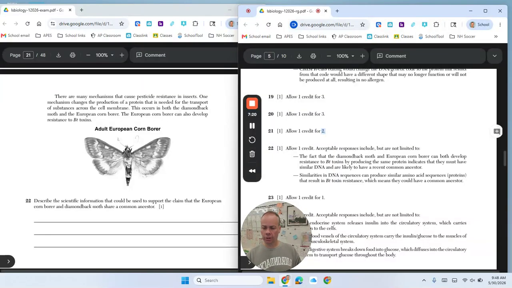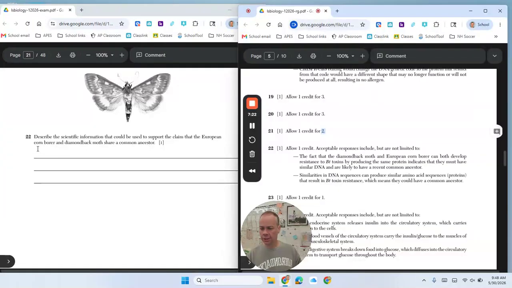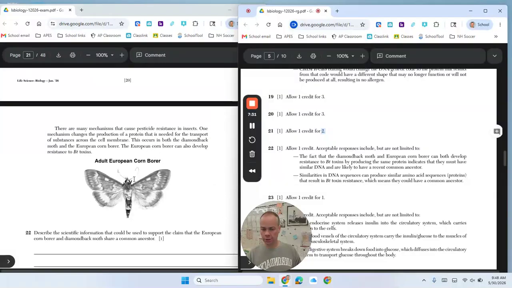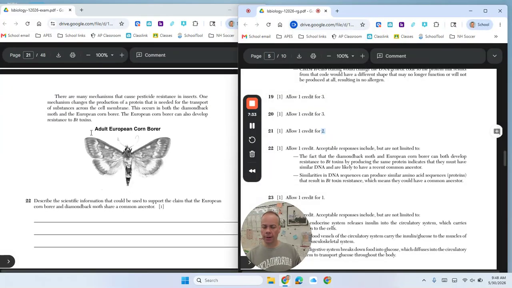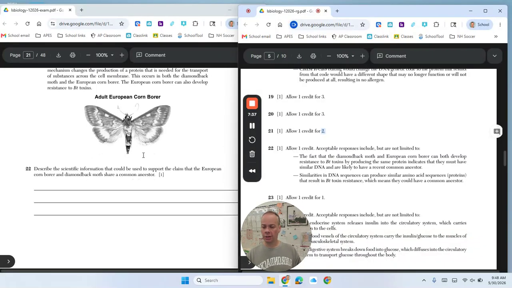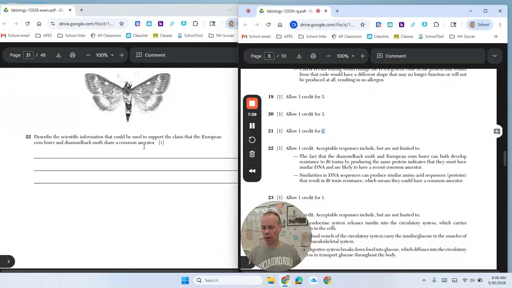And it also can develop resistance. So question 22 is asking you to describe information that could be used to support the claim that European corn borer and diamondback moth both share a common ancestor. When you read this paragraph, they both produce this similar protein, and that is going to be the evidence you should be using to support the claim that they have a common ancestor.